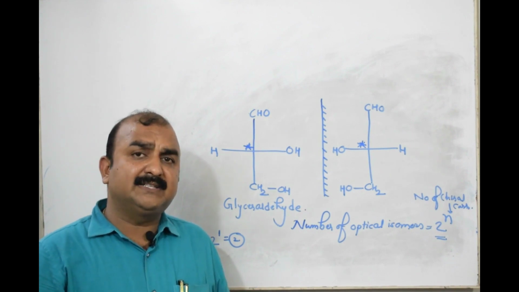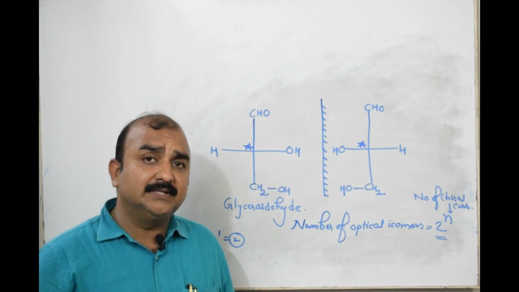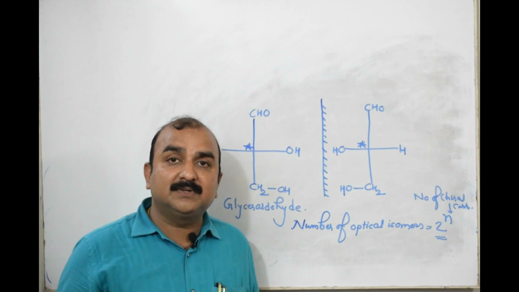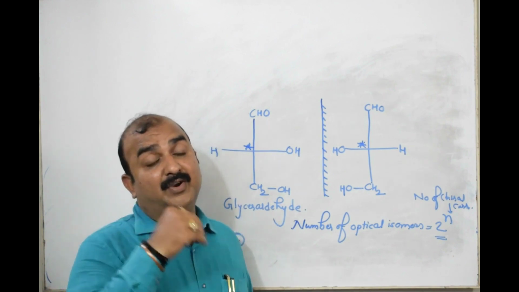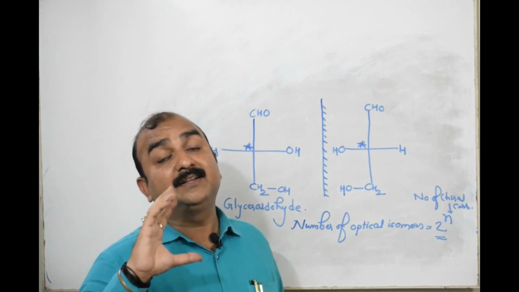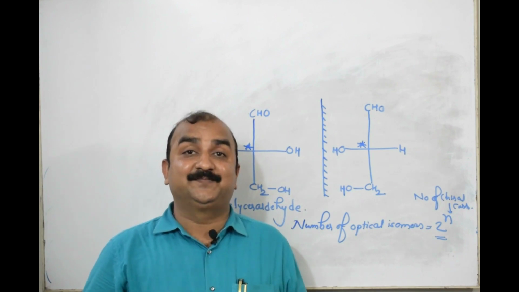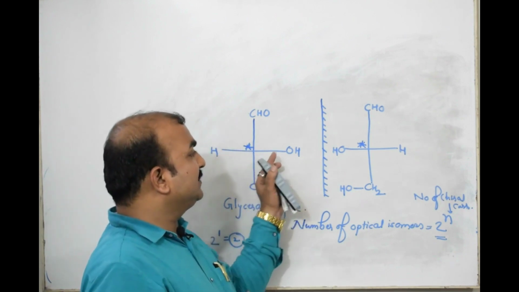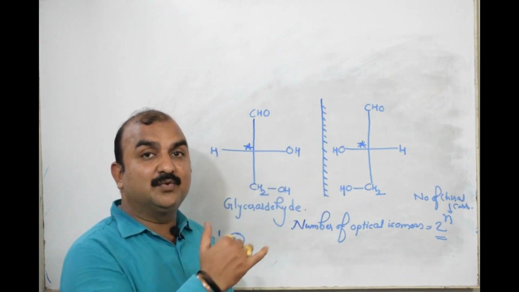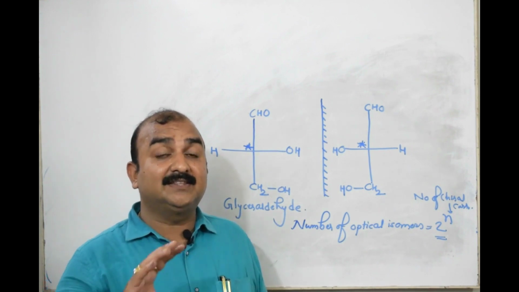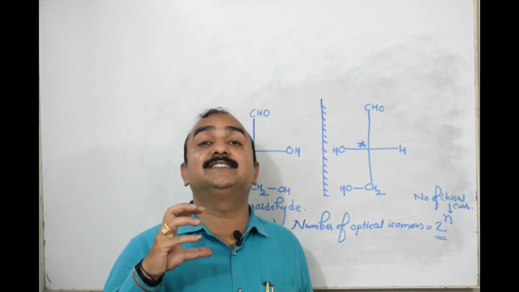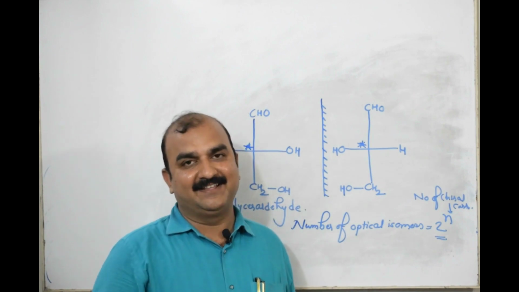Both compounds have the same molecular formula. Yes or no? Yes. So they cannot be structural isomers. What is changing? Their three-dimensional arrangement. In one case OH is on the right hand side, in the other case OH is on the left hand side. So their stereochemistry is changing.